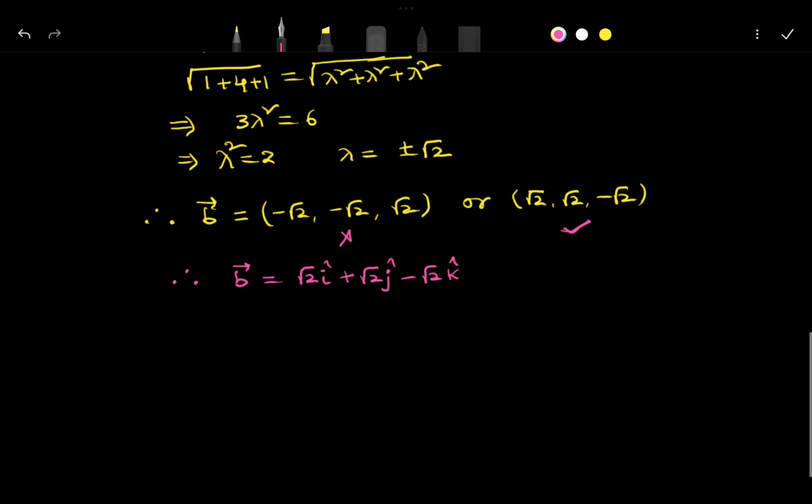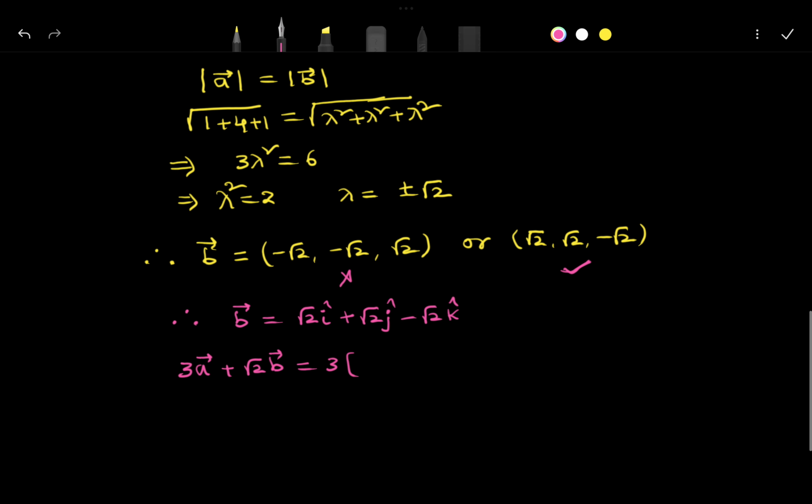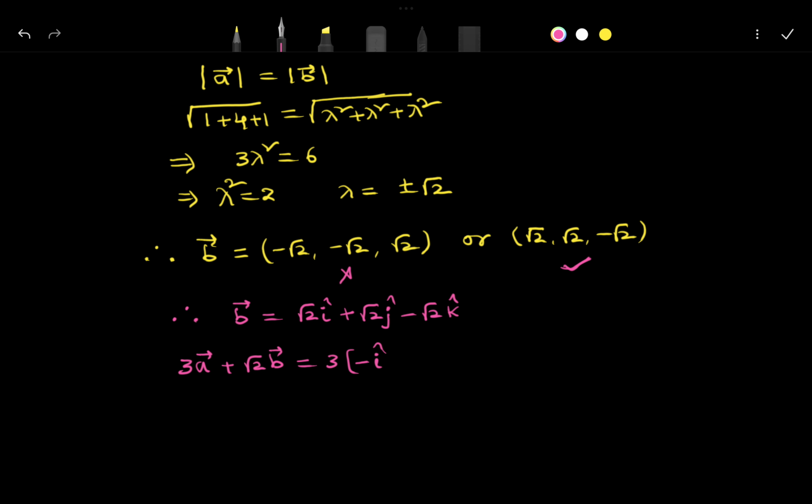After getting the b bar value, you find 3 a bar plus root 2 into b bar. 3 into a bar is 3 times minus i cap plus 2 j cap plus k cap, plus root 2 into b bar, which is root 2 i cap plus root 2 j cap minus root 2 k cap.